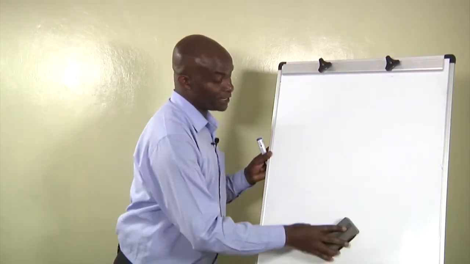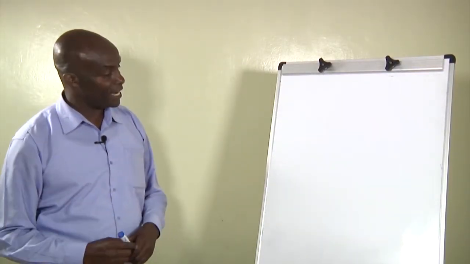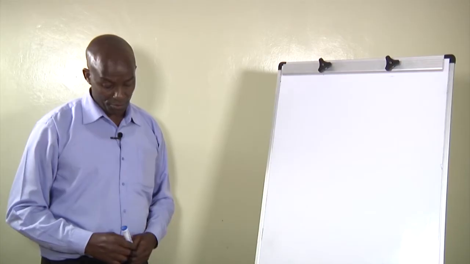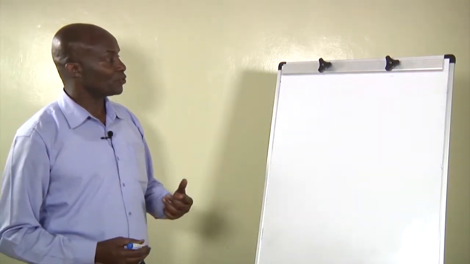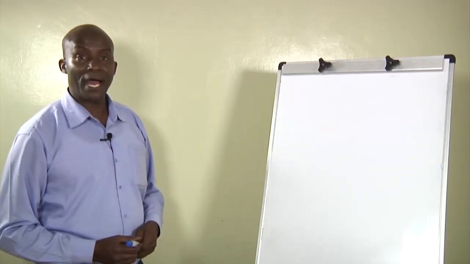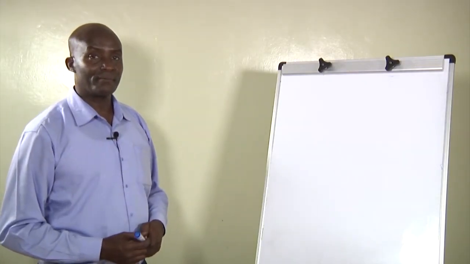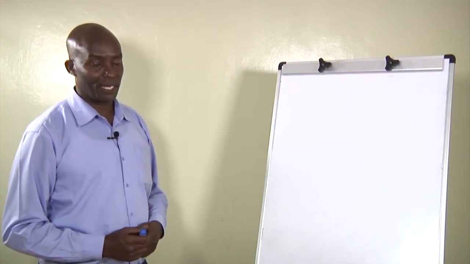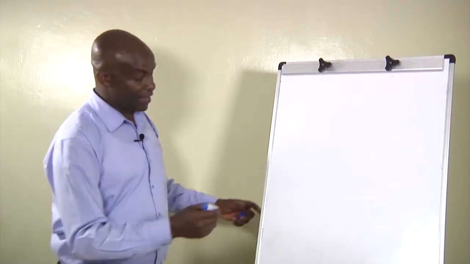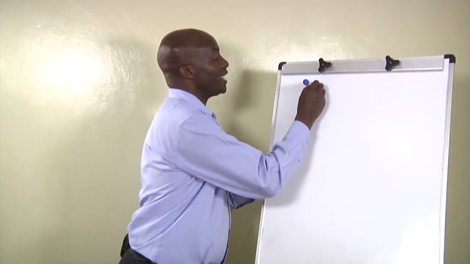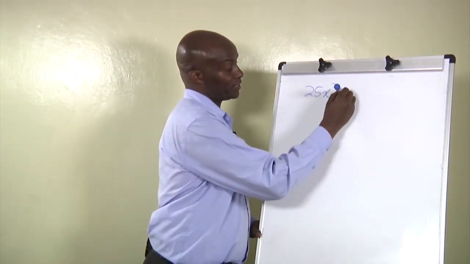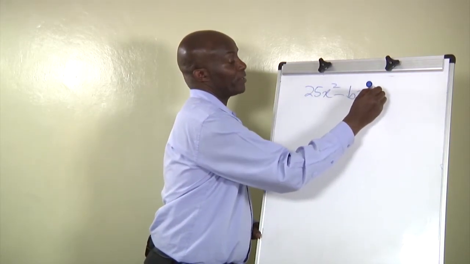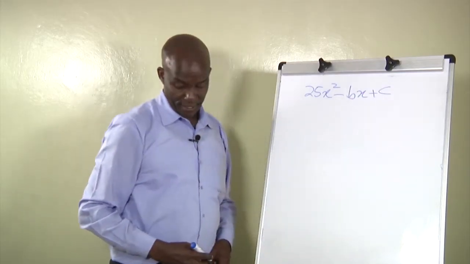Now, it is important that we be very familiar with this method of working out, because this is what is going to enable us to understand the method of the quadratic formula. So let's take another example, 25x squared minus bx plus c.